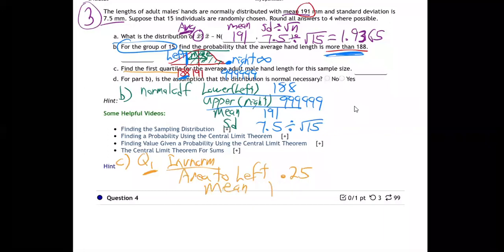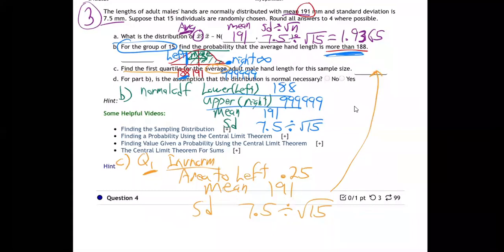And then the standard deviation, we have to take the 7.5 divided by the square root of 15 because we have a group, right? And we're talking about the average hand length for the group. So there we go. That'll give you the answer to part C.